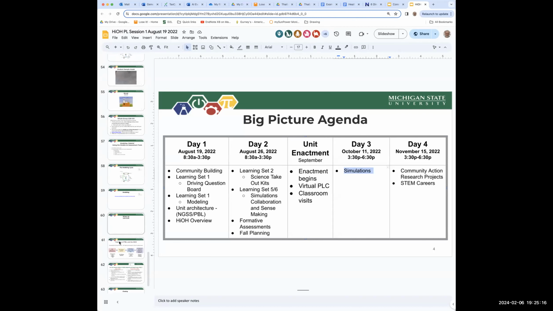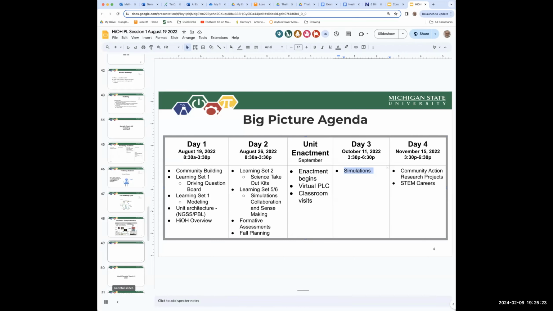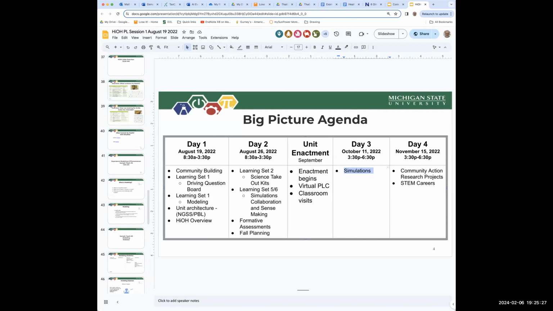And so we usually spend part of the day looking at the simulation, because we also model structured, guided, and open inquiry. So we help the teachers with those. The idea is that teachers begin to understand what structured, guided, and open inquiry is using the simulations.